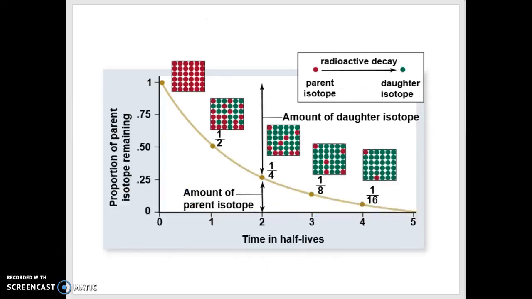Okay, so here's an example looking at the amount of the parent isotope. That's the purple, and it takes so many years to get reduced in half. The same amount of years to get reduced in half again, the same amount to reduce in half, and the same amount of years to reduce in half again, and so on and so on.